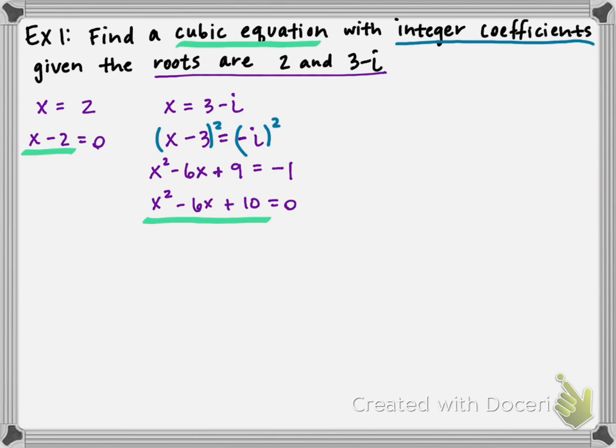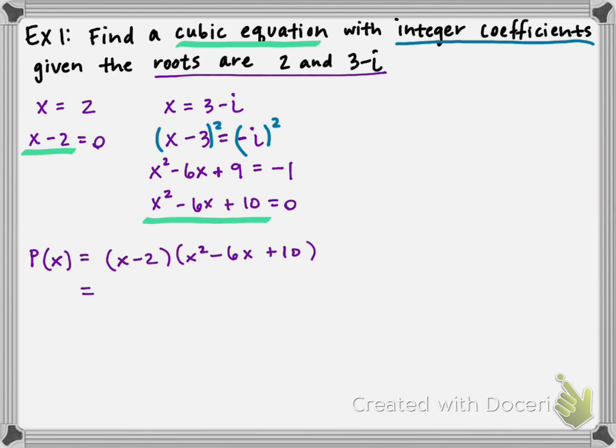Now let's talk about that factor. A factor says x squared. So doesn't that mean that factor contains 2 zeros? Sure enough, it does. So with that, we have x squared minus 6x plus 10, and we need to multiply it with x minus 2 to get our p of x cubic equation. So our goal is to get our cubic equation. x minus 2 times x squared minus 6x plus 10.